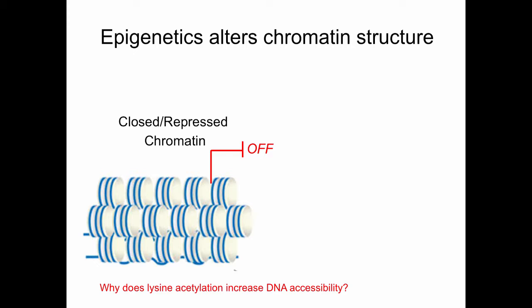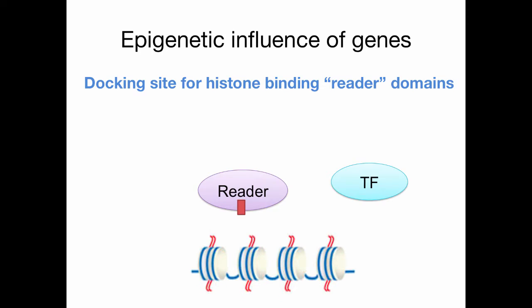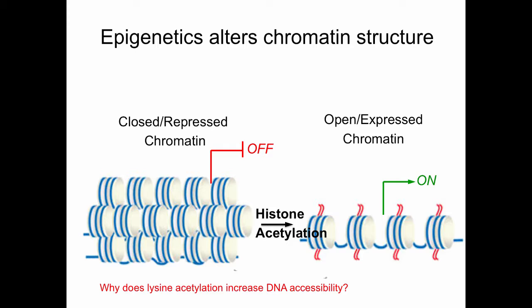So a gene tends to be turned off in these closed repressive structures, and certain modifications, for example histone acetylation, can cause the decompaction of chromatin. So the DNA will become more accessible, and it's easier for transcription factors to come in and access that DNA. It's easier for that transcriptional machinery to bind to the promoter and then turn the gene on to initiate transcription.